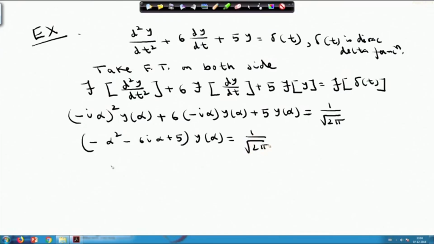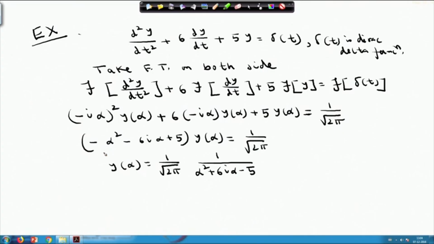So, you can write y of alpha equals 1 by root 2 pi into 1 by alpha square plus 6 i alpha minus 5, with a minus sign, since this is minus i square minus alpha square.